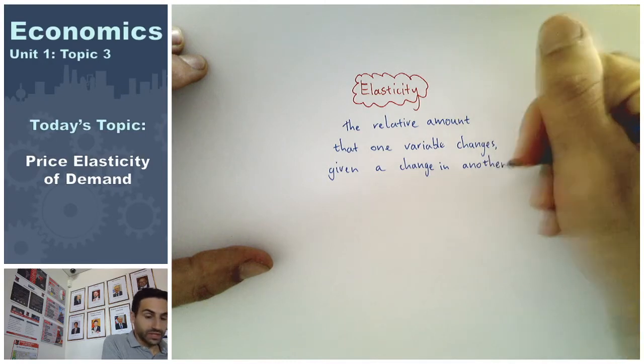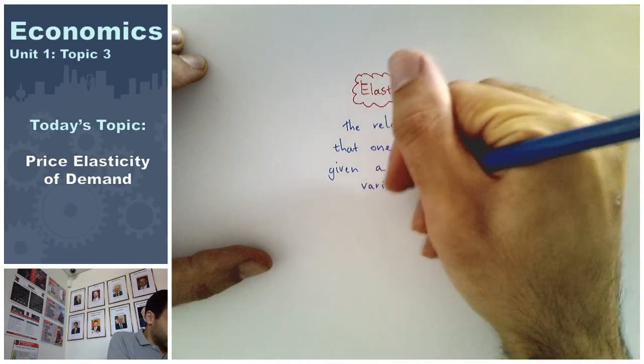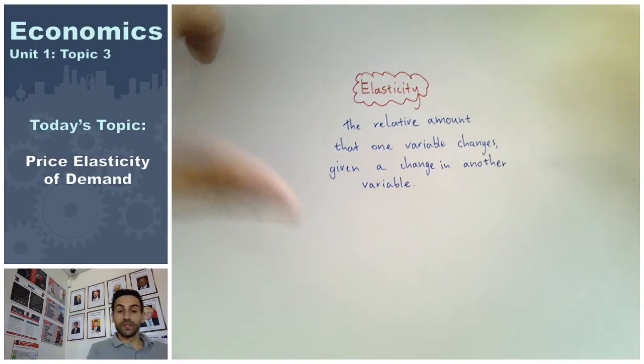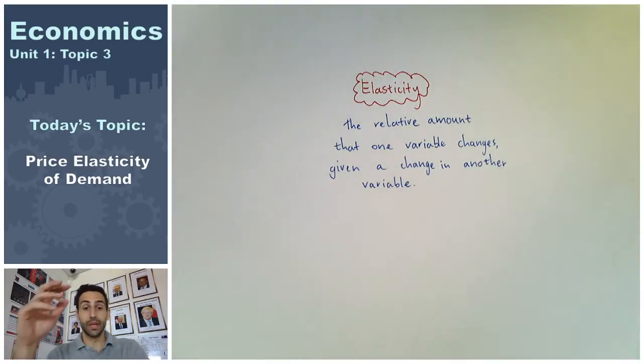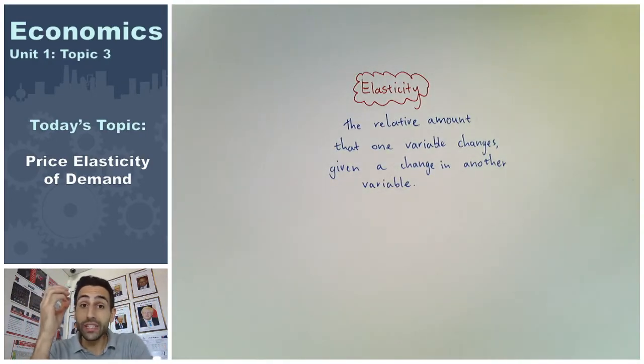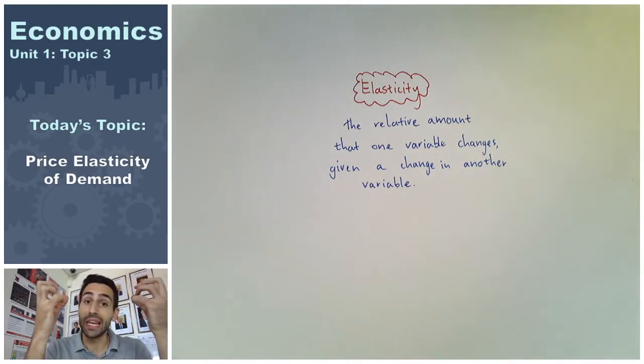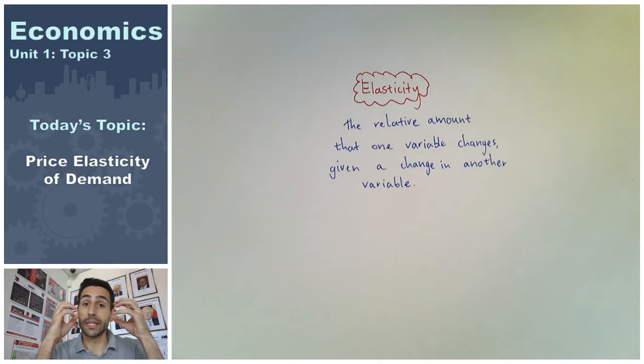And I'll explain what this means. Okay, there's our textbook definition of elasticity. So this is what it means. One thing changes and that brings about a change in something else. Okay, it's about two things that are dependent on each other and that change simultaneously.